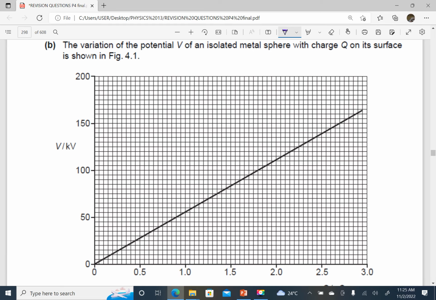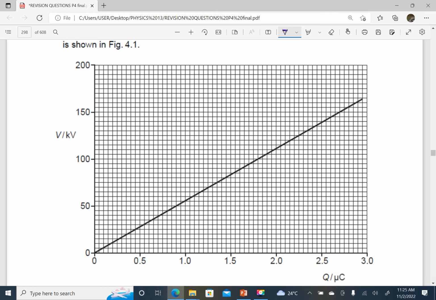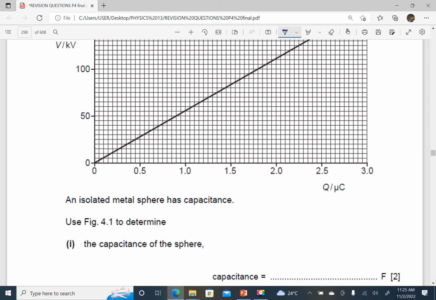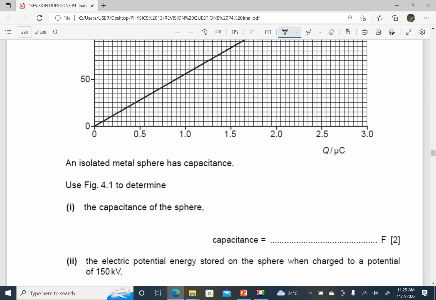So they have given us a graph which is a straight line, as you can see. An isolated metal sphere has capacitance. Use the figure to determine the capacitance of the sphere.